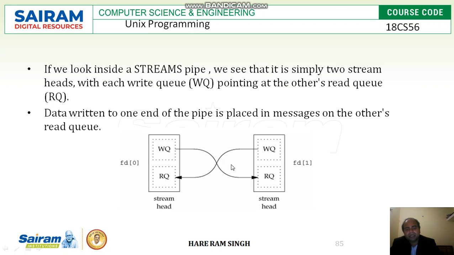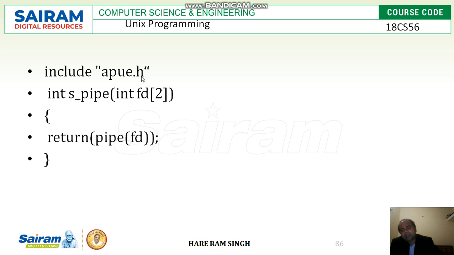The read queue of one end will read the data from the write queue of the other. Data written to one end of the pipe is placed in messages on the other end's read queue.